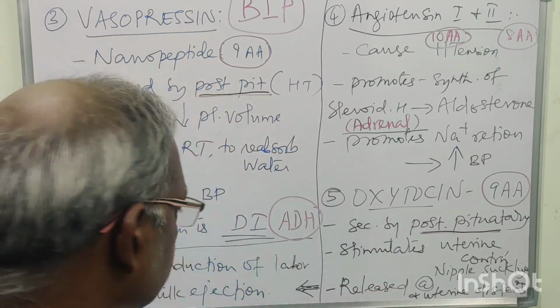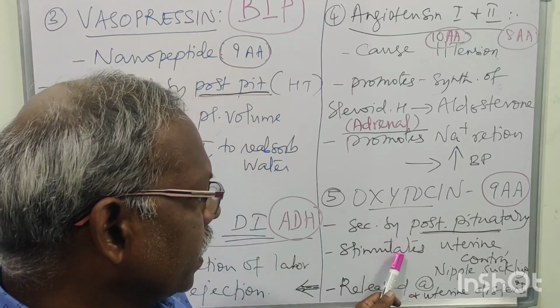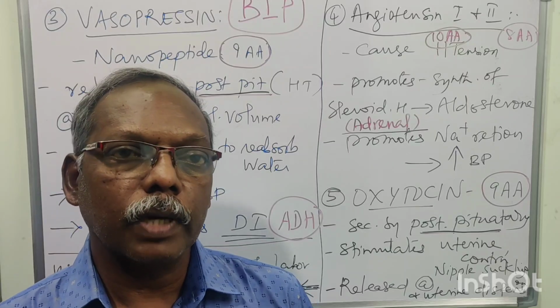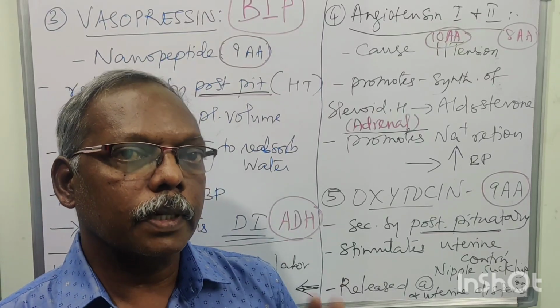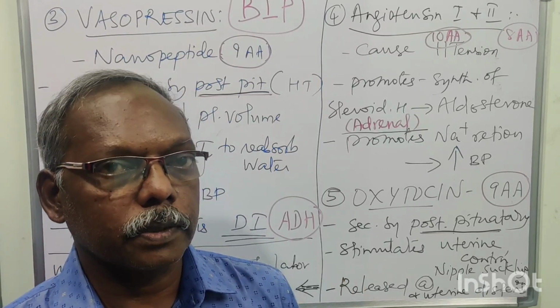So oxytocin has 2 functions, induction of labor and milk ejection, secreted by the posterior pituitary, with 9 amino acids, so a nonapeptide. These biologically important peptides are your 5-mark question from chemistry of proteins. Okay.